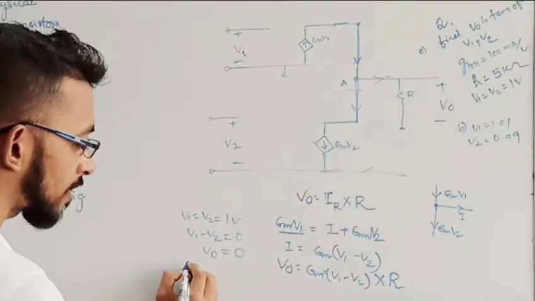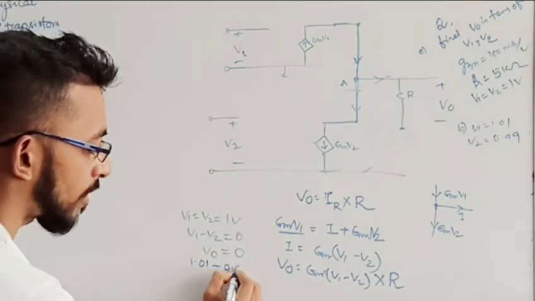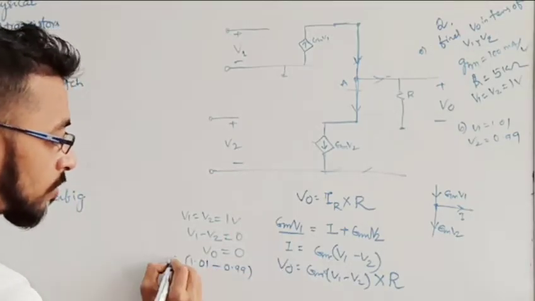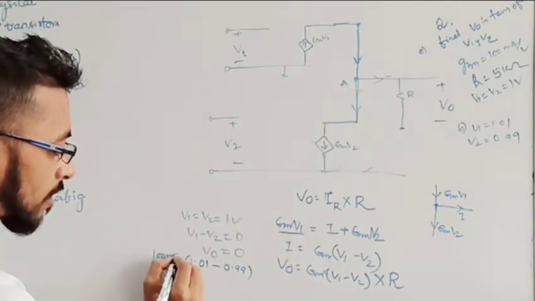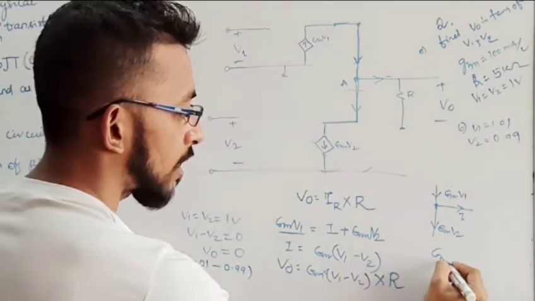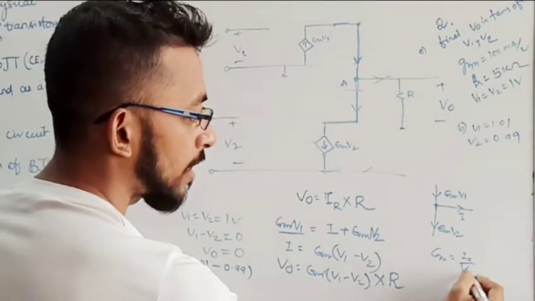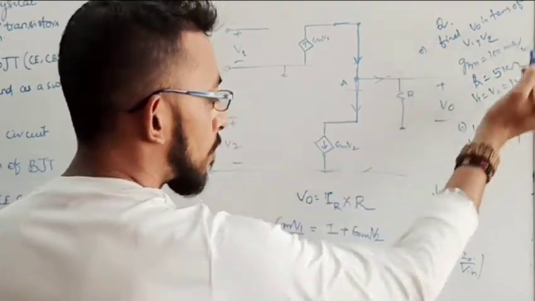In the second part it is given V1 is 1.01 and V2 is 0.99. So I will put in V1 and V2 and multiply by the GM value, which is given as 100 milliampere per volt, because GM is nothing but current I output upon V input, current upon voltage. That's why ampere per volt.